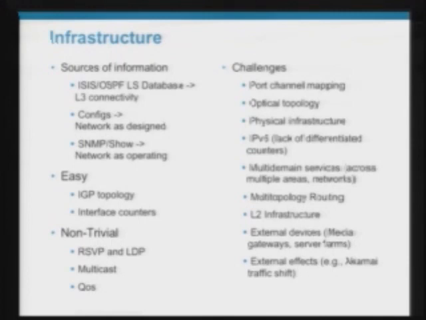A lot of folks we know put the description of the circuit in the description fields on the optical side or vice versa to make that happen. Again, those sorts of things fall outside of what you can solve with a tool. It really has to be done as best practice within the organization. Physical infrastructure is even harder. Where is it in the particular building? What floor is it on? Which particular ducts is it going through?